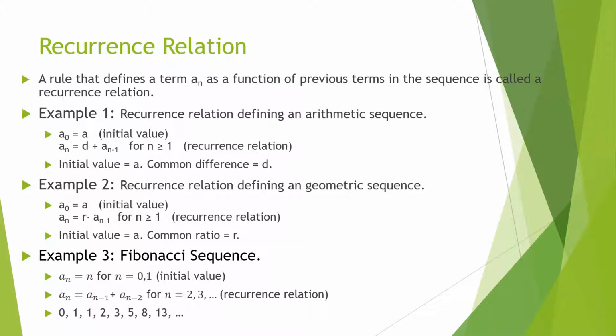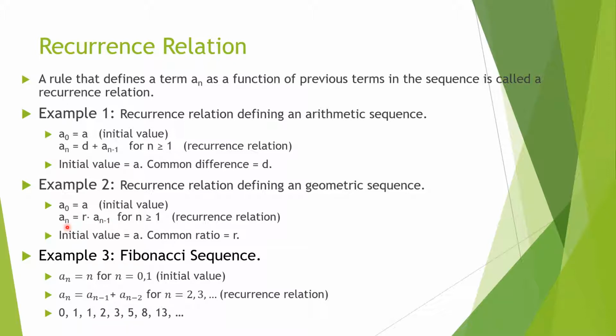So this is how the recurrence relation of a geometric sequence looks like. Let's assume that r is 2 and a is 1. So a sub 0 would be 1, and then a sub 1 would be 2 times 1, which is 2.